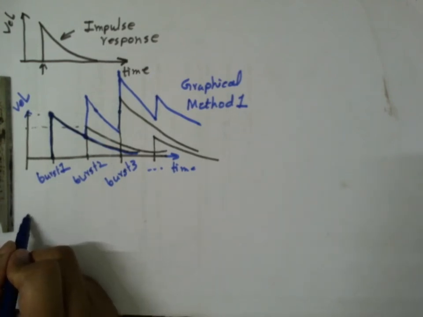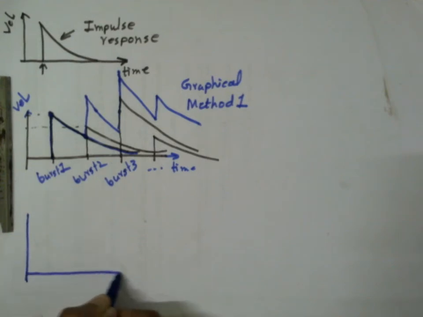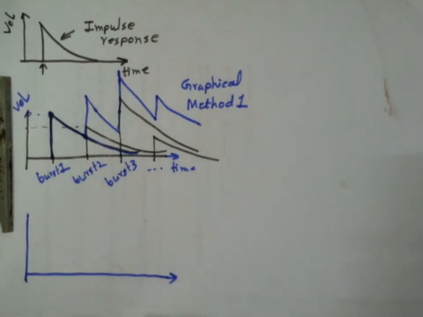Today we are going to discuss another method, which we are going to call graphical method 2, where we will consider individual time instances separately. So what do I mean by that is as follows.